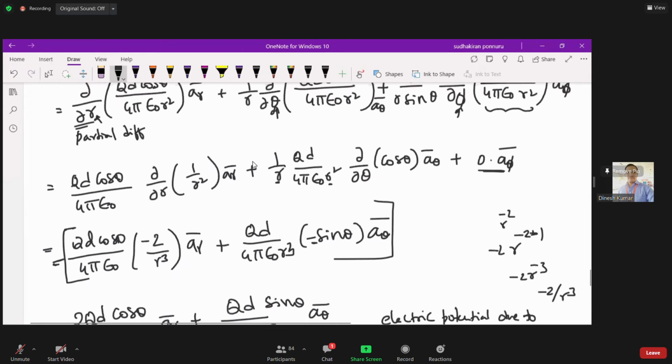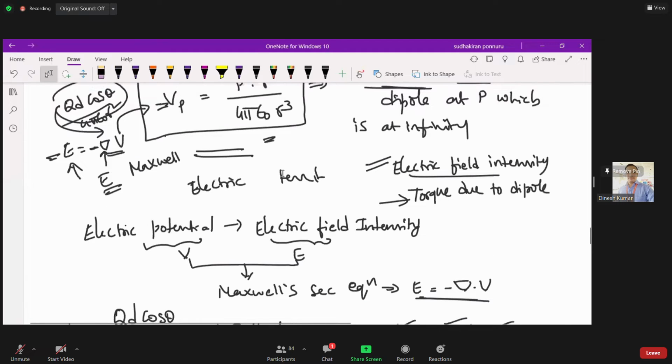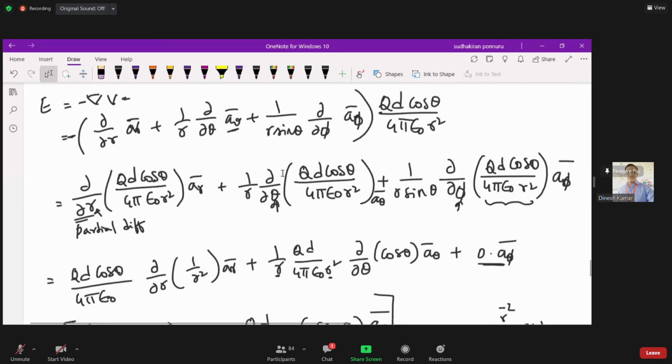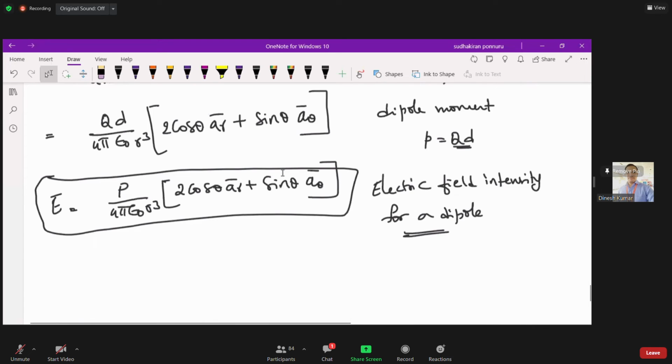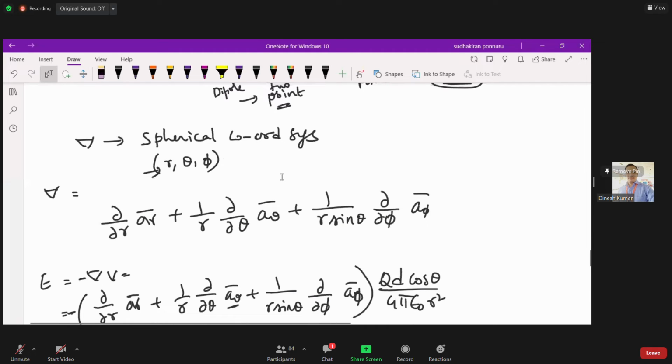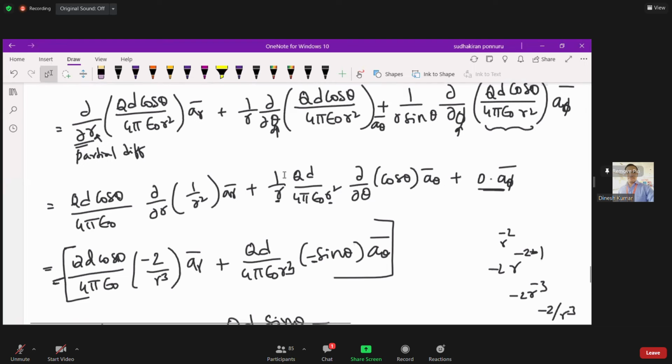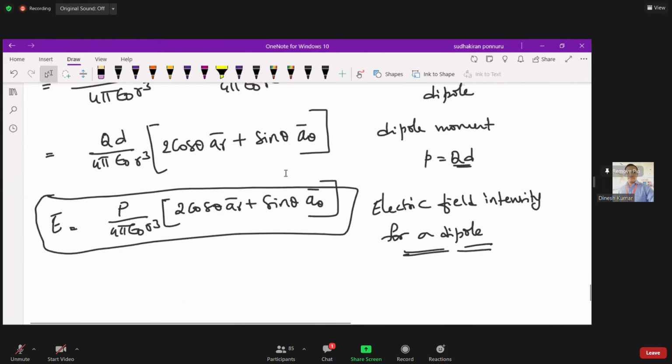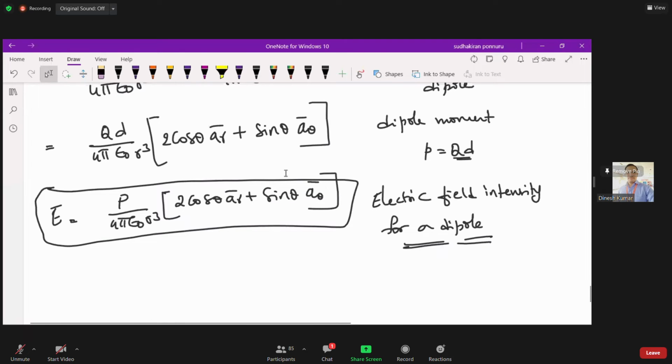But if they are asking for electric field intensity for a dipole, then you have to proceed with these following steps. Just a matter of 2 to 3 steps to be included for the above answer. So this is about electric potential due to dipole as well as electric field intensity due to dipole by applying Maxwell's second equation.